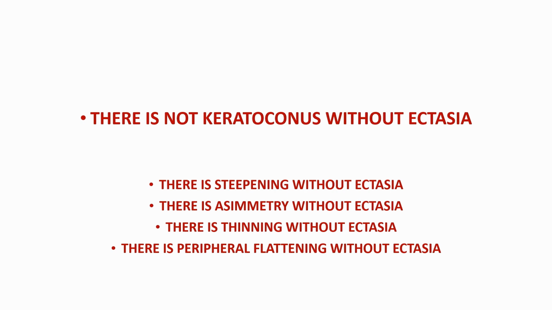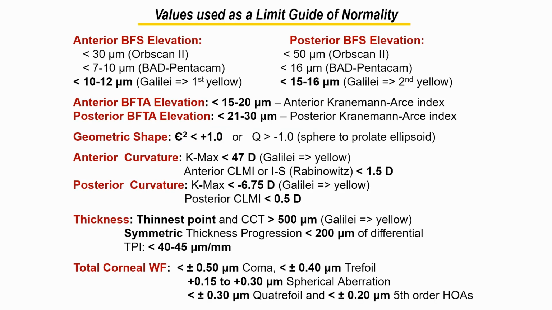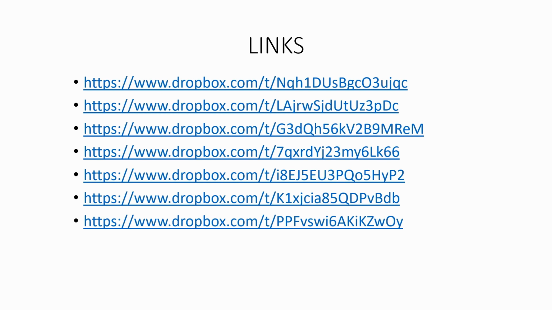Not everything that is red in these maps is keratoconus. So in conclusion, we found corneas with common signs of keratoconus before ectasia is formed, and I call these corneas pre-keratoconus.